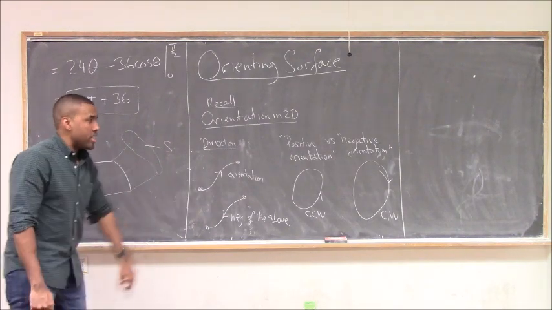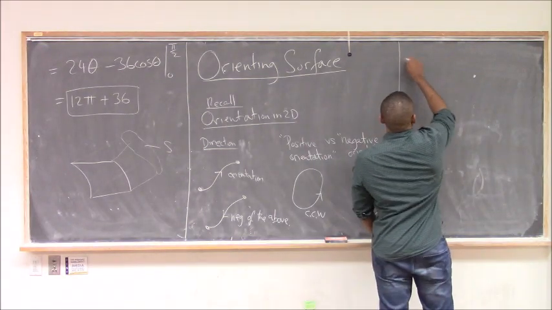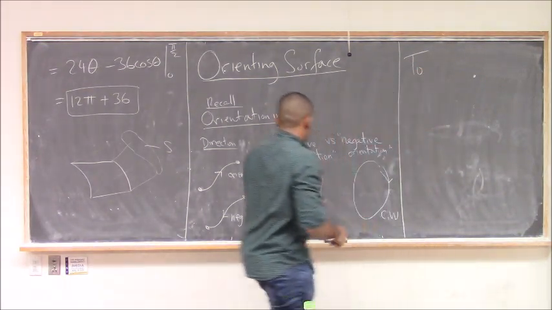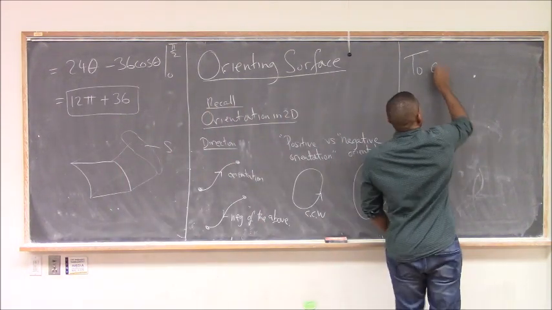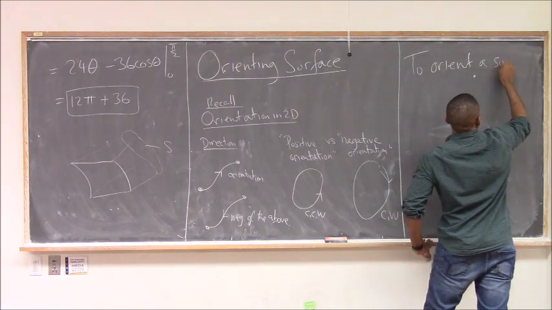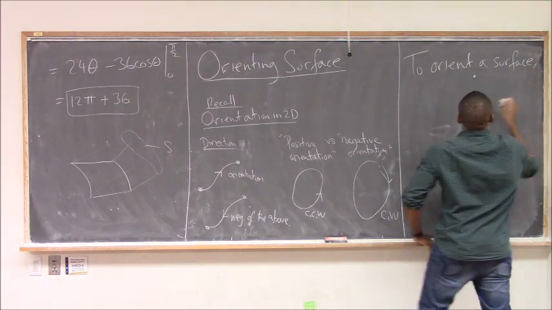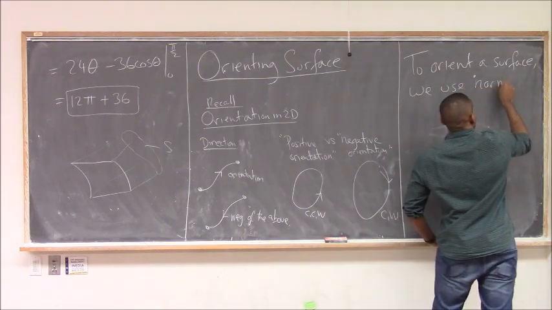These are all flat in 2D, but how do you orient a surface in 3D or higher dimensions? You don't orient it by going around a curve. You orient the surface with normal vectors.